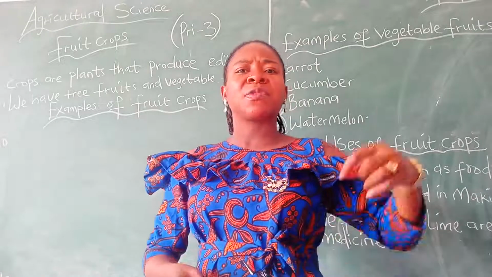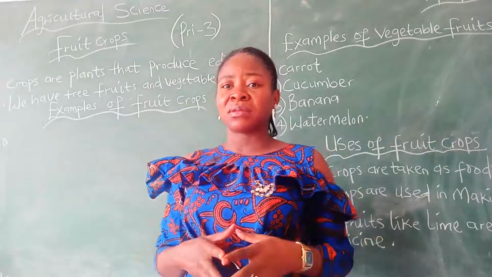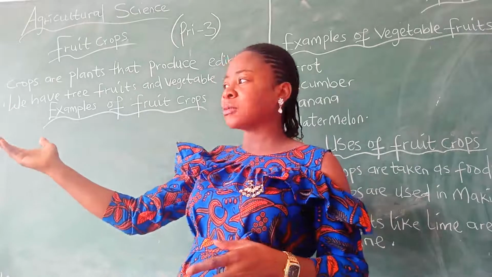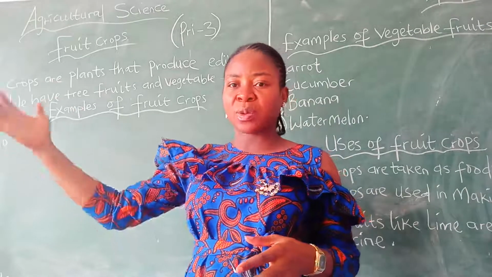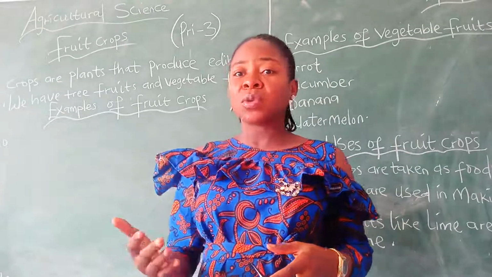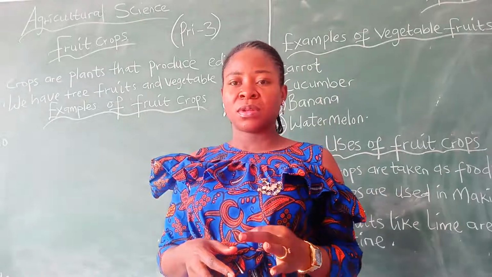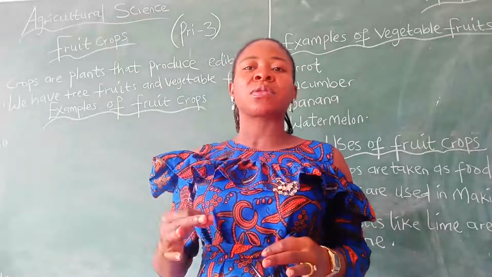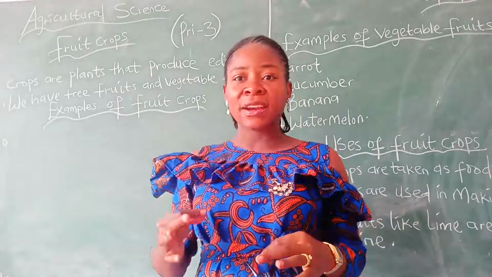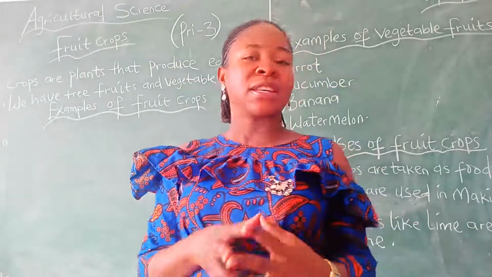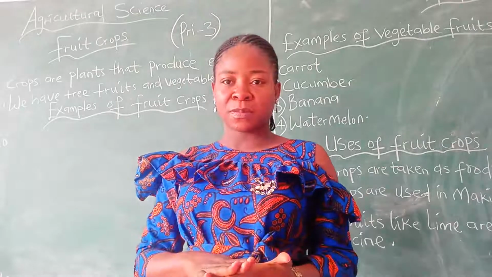But when you plant vegetable fruits, in 6 months you've started harvesting. The last time we planted cucumber at the school backyard, within 3 months we started harvesting the cucumber. It's a vegetable fruit. But when you plant a tree fruit, you will wait for like a year or up to 5 to 10 years before you'll be able to harvest the tree fruits.